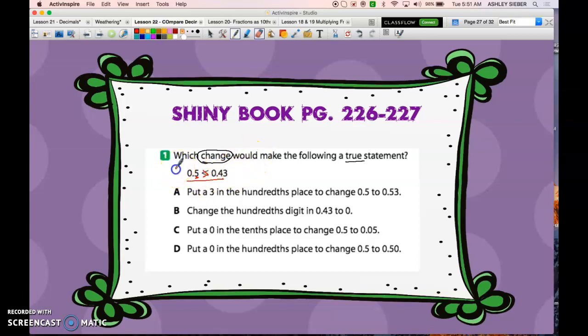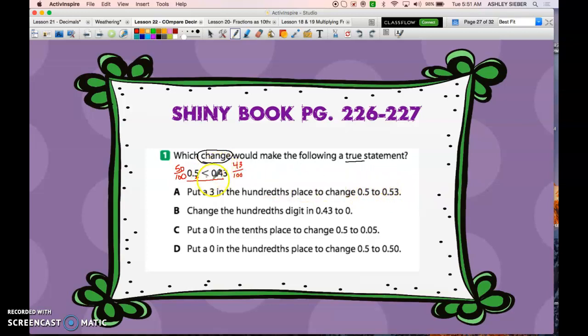So this is 5/10. I know this is 43/100. So if I change this to 50/100, I know that's equivalent to 5/10. I know that 5/10 or 50/100 is greater than 43/100. So let's see. A, put a 3 in the hundredths place to change 5/10 to 53/100.